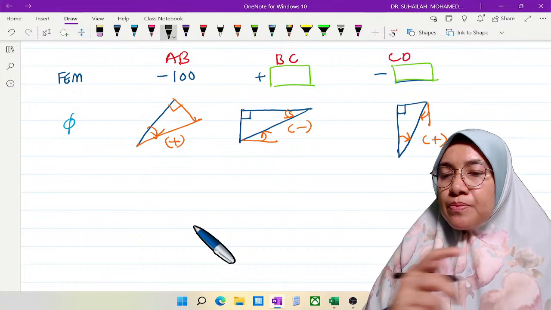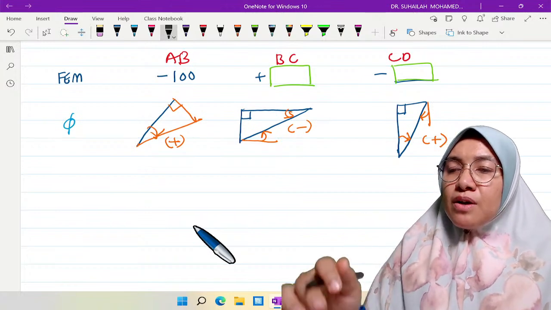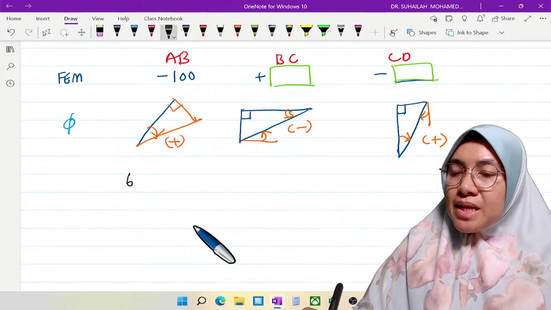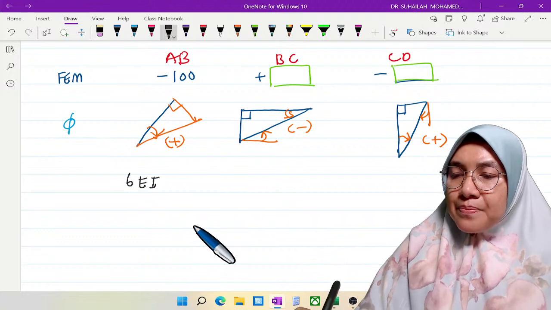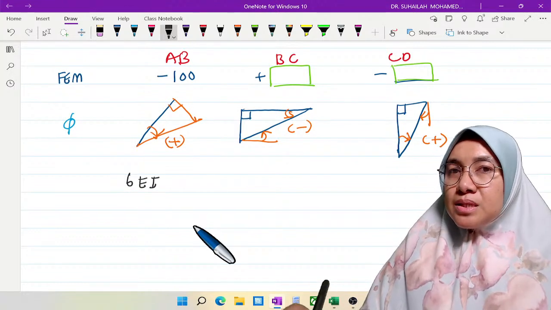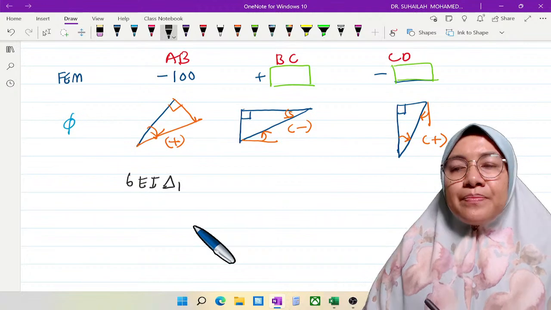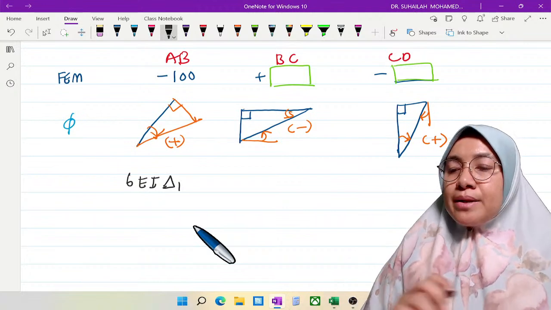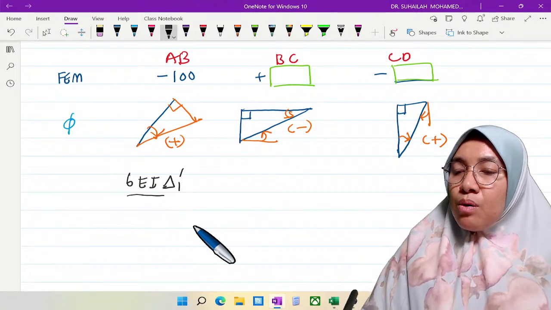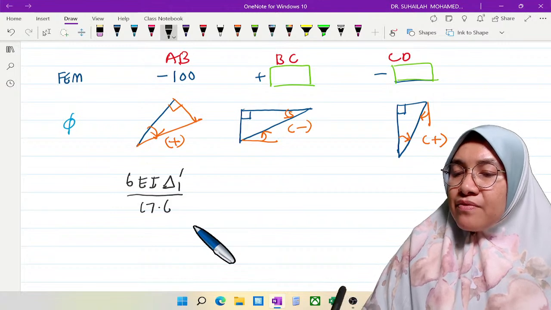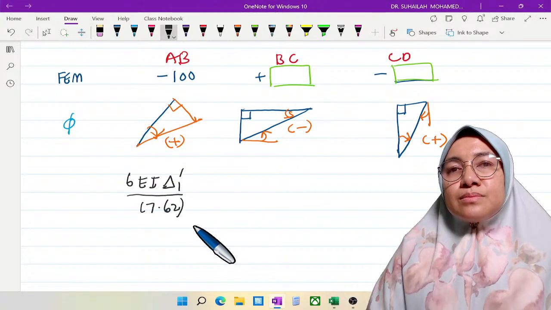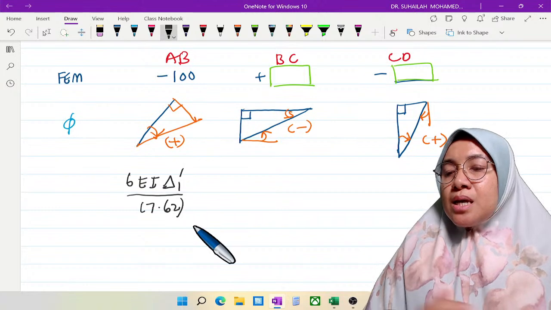The formula for AB is 6EI delta 1 prime over L, which is 7.62 squared.